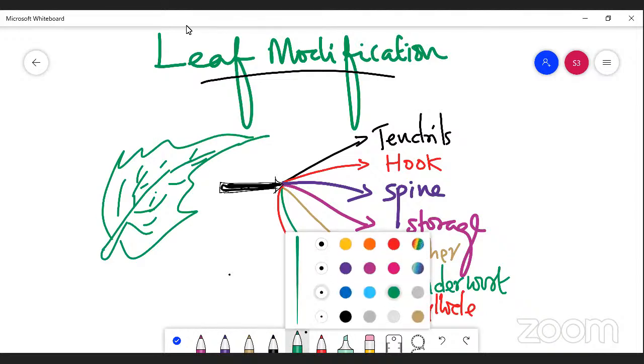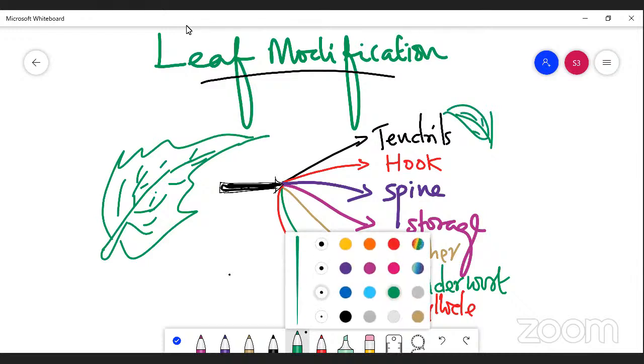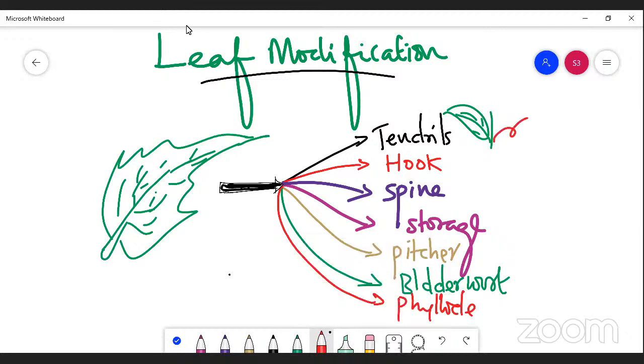Now this is a plant where you see a stem, on one side leaves are there, and on the other side the leaves are modified into small tendrils. Sometimes, instead of a coil-like structure, we find a plant in which instead of leaf there will be spines or hooks.